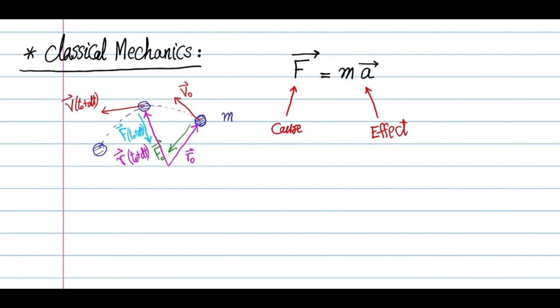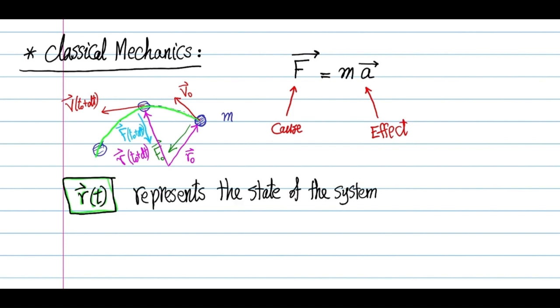So we can connect all the dots to get the trajectory of the particle, which is the position as a function of time. Here, the state of the system is described by the position of the particle at any moment of time. So this represents the state of the system. Of course, the system here being only the single particle we have.